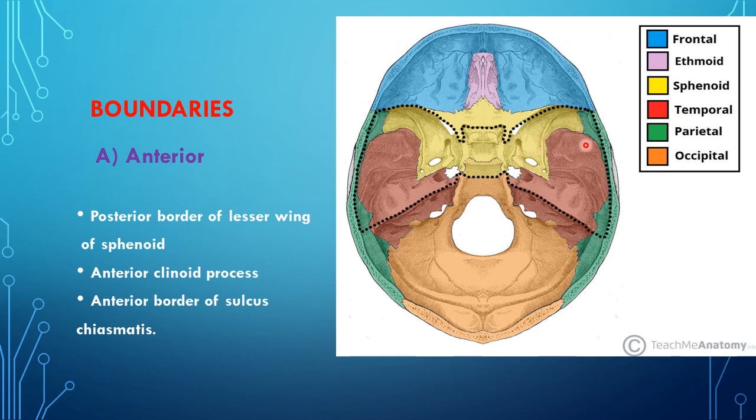The purple bone is the squamous part of the temporal bone, and this area is the anterior surface of the petrous part of the temporal bone. So the floor is formed in the center by the body of the sphenoid, and on the lateral side by the greater wing of sphenoid, the squamous part of the temporal bone, and the anterior surface of the petrous part of the temporal bone. So that covers the boundaries and the floor of the middle cranial fossa.